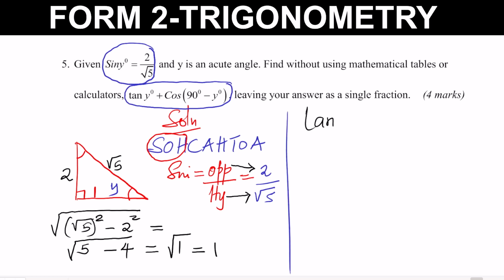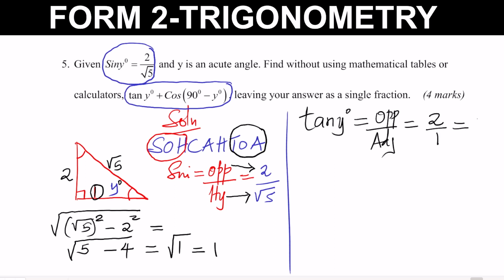Tangent is given by opposite side divided by adjacent side. If y is there, the opposite side is 2, then the adjacent is the side we've just calculated, which is 1. So tan of y degrees is therefore 2.